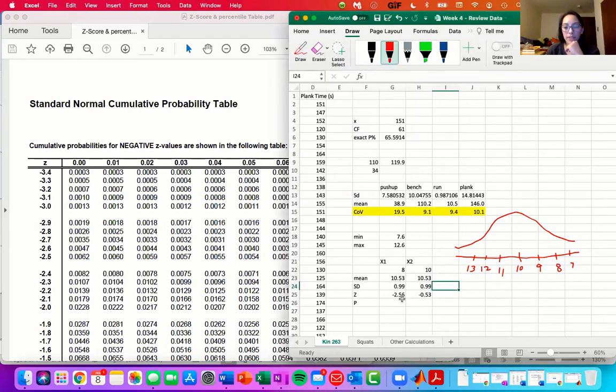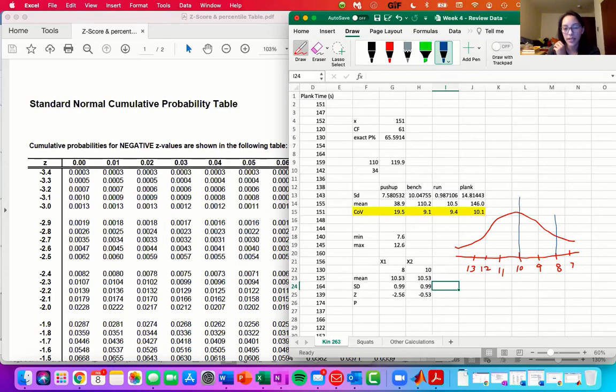But what we have to do is instead of taking the negative, just look at this and think it's a positive 2.56 z-scores from the mean, right? Because if we kind of plot this, 8 is going to be here and 10 is going to be here.